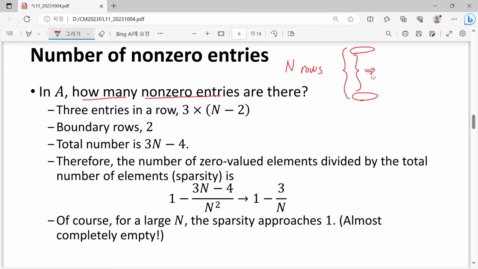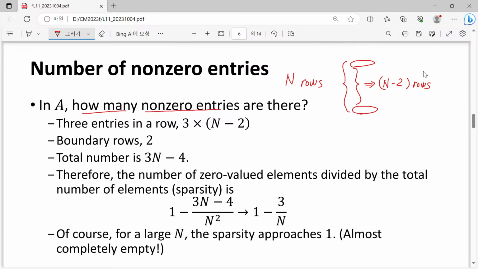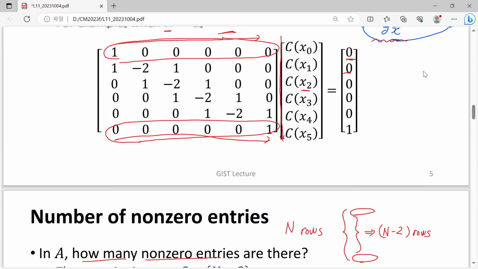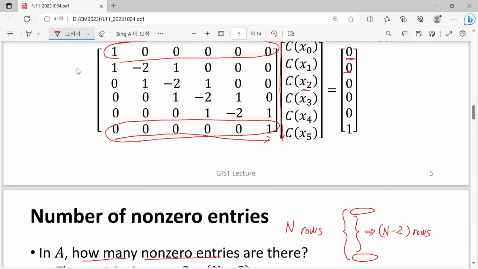So we have just n minus 2 rows assigned to this kind of description. How many non-zero elements are there for each row? You can find 1, 2, 3.